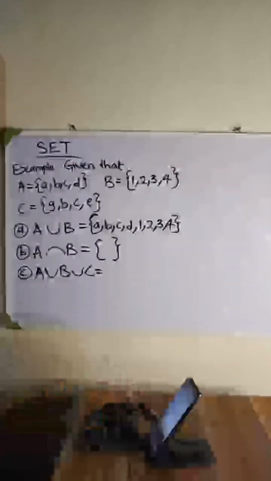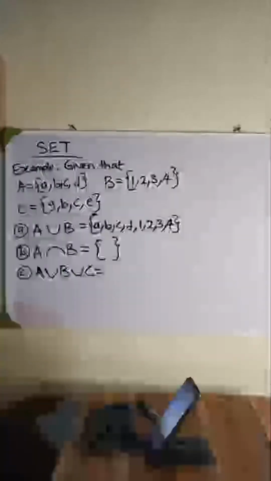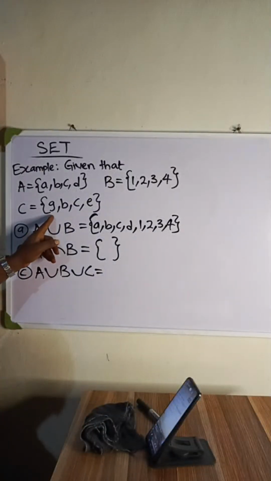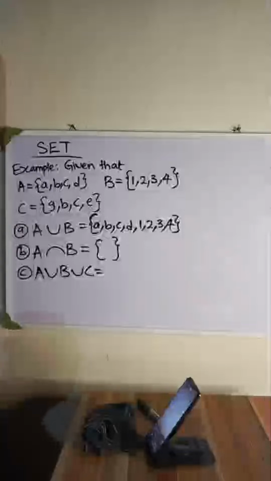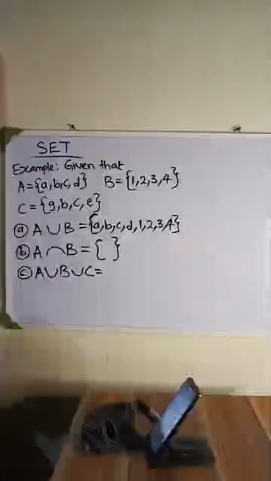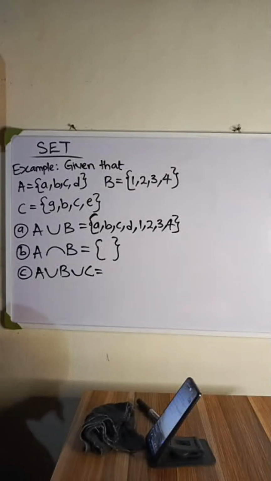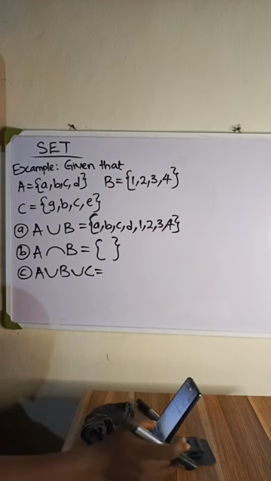Okay, A, B, C, D, E, G. I think you stopped at G. Did you put E? Okay, correct. You put E.